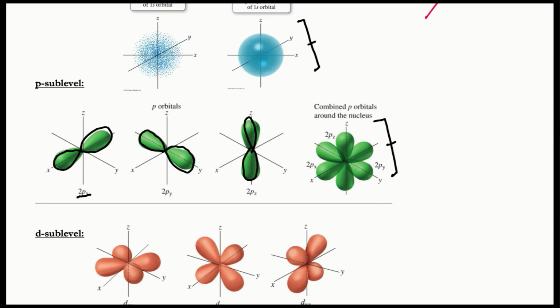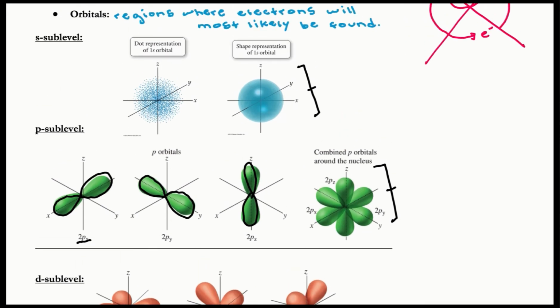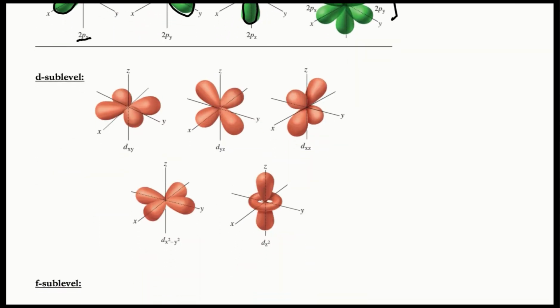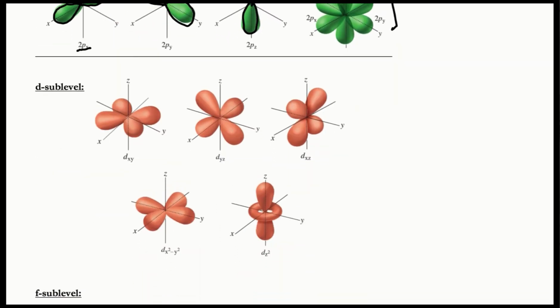Now, notice I've been using the term orbital, but in your notes it says sublevel. So the s sublevel has just one orbital, this one shape. The p sublevel has three orbitals, these three different shapes. If we go down to the d orbitals, we've got 5 different regions where electrons are likely to be found.